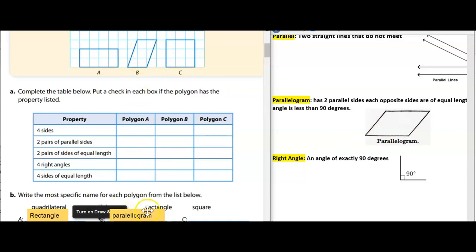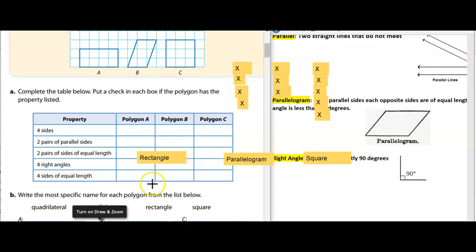So I will write parallelogram in B. And polygon C, we all should know that polygon C is indeed a square. So we're going to write square for polygon C. Make sure you are taking down your notes and writing down every answer that I have placed on the screen. Press pause and do so at this time.